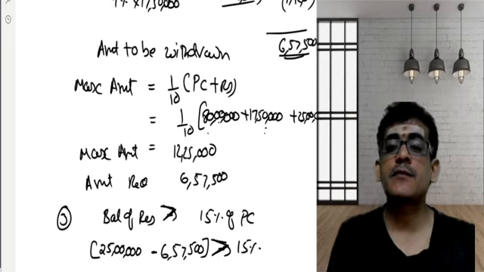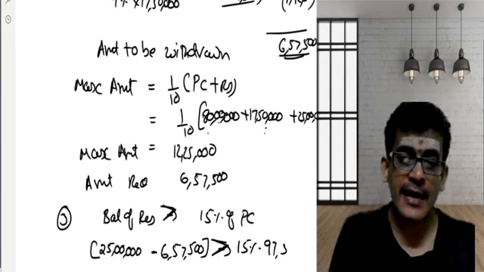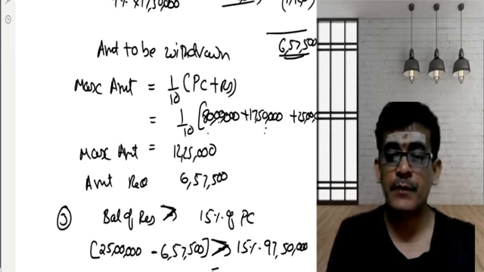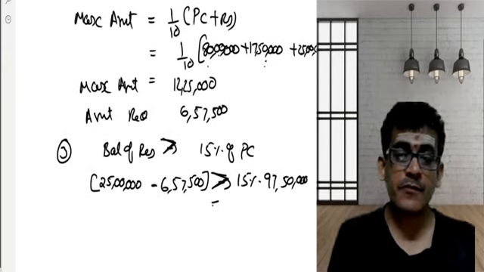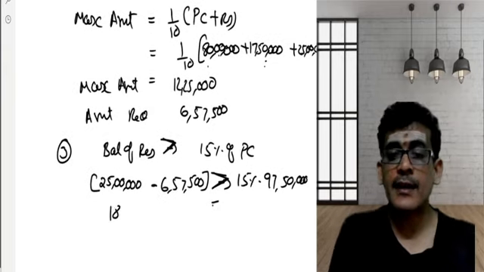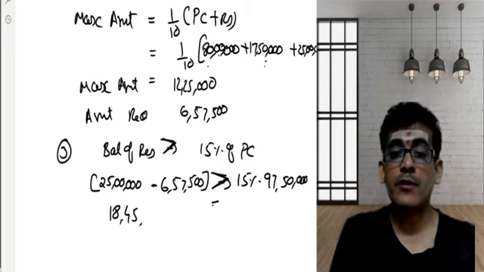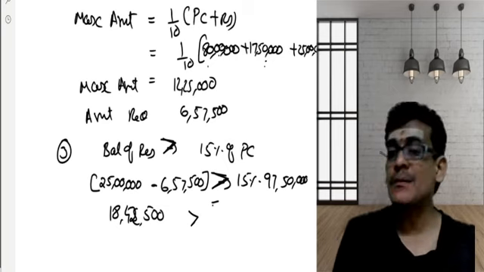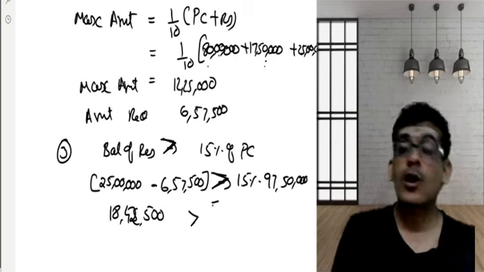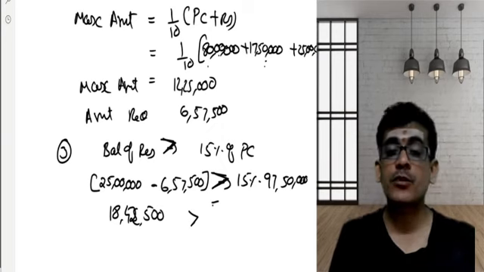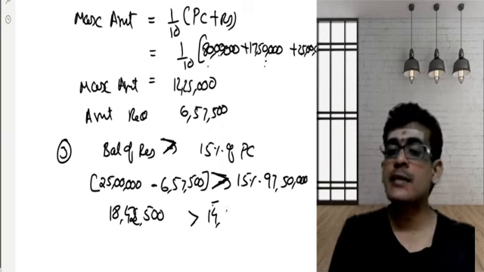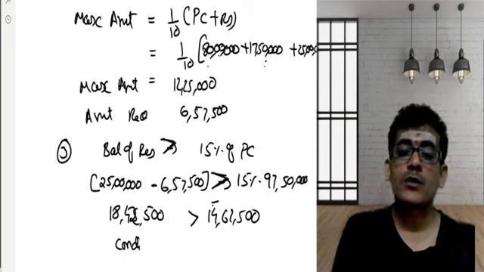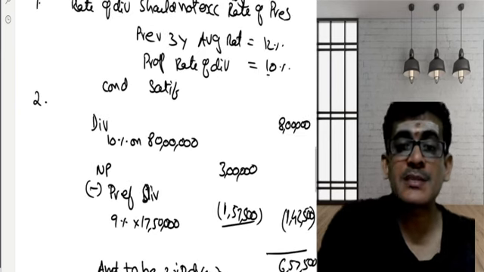My paid up capital is 80 plus 17.5, that gives you 97 lakhs 50,000. 25 lakhs minus this gives you 18 lakhs 42,500. This should be greater than 15% of your paid up capital. 97 lakhs 50,000 into 15% will give you 14 lakhs 62,500. So ultimately, condition satisfied.